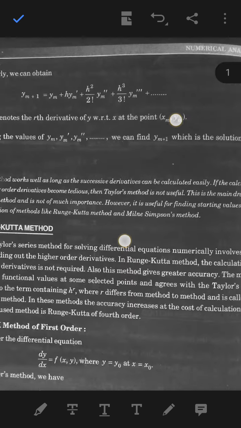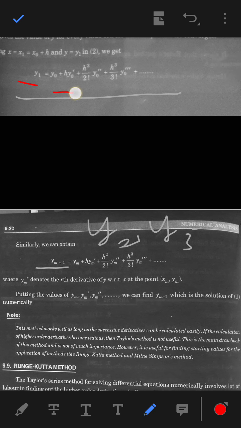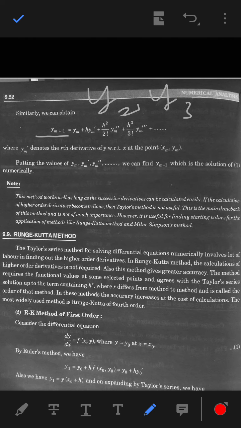Next further we should see. Similarly, in this manner we can find the value of y2, y3 and so on, and at last we finally reach y m plus 1. If we compare from these results, if here it is y1, then on the right hand side this is y naught. In a similar way, if it is y m plus 1, then on the right hand side it will be ym.